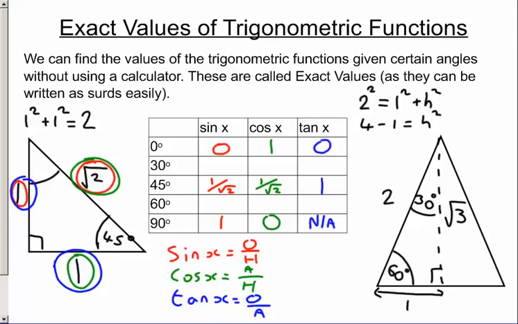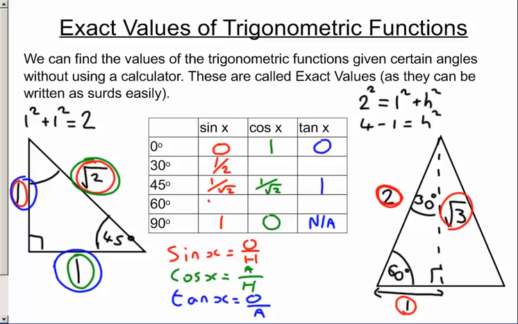Now we have this, we can use our sine, cos and tan ratios again. So sine is opposite over hypotenuse. So for 30, when we're looking at sine of 30, the opposite is 1, and the hypotenuse is 2. So it's 1 over 2. When we're looking at 60, the opposite is root 3, and the hypotenuse is still 2.